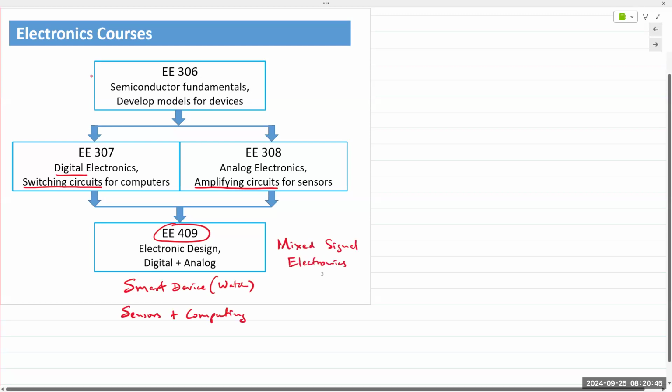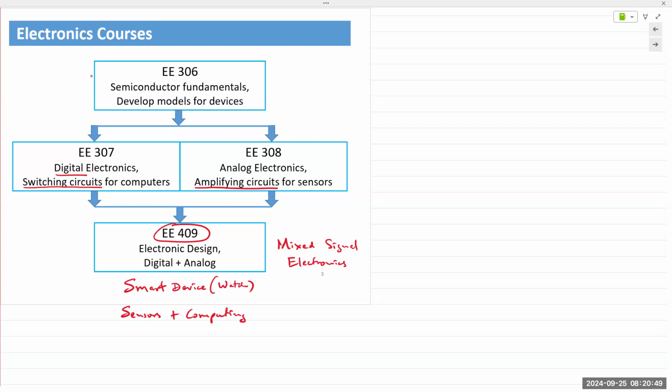As I'm always fond of stating, 113 and 306 are two of the most important courses that you will ever take as an EE student.